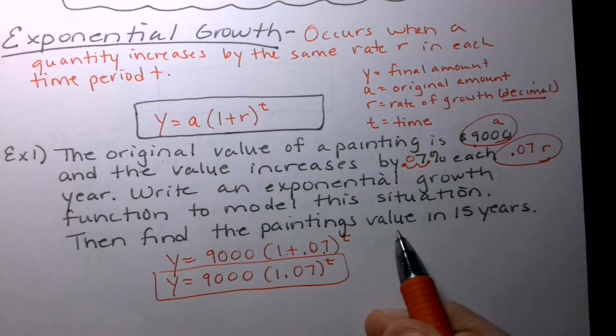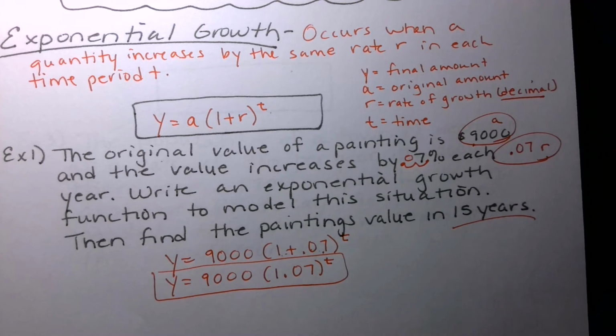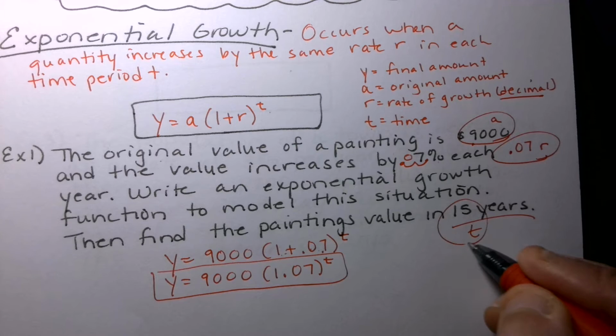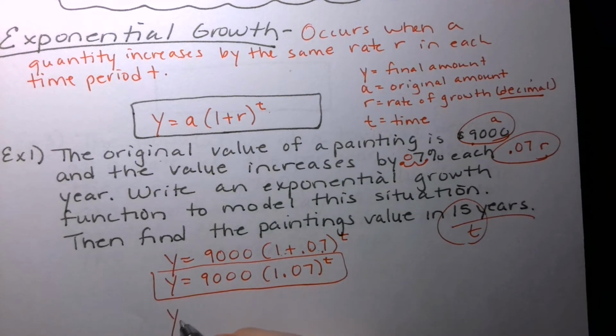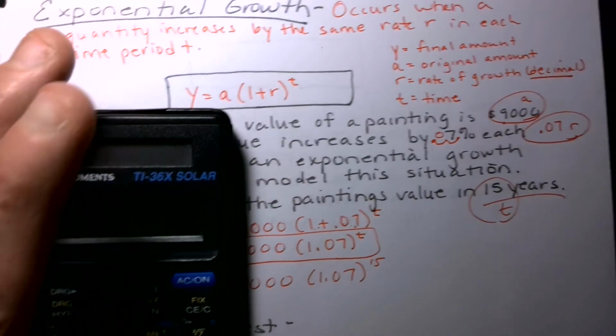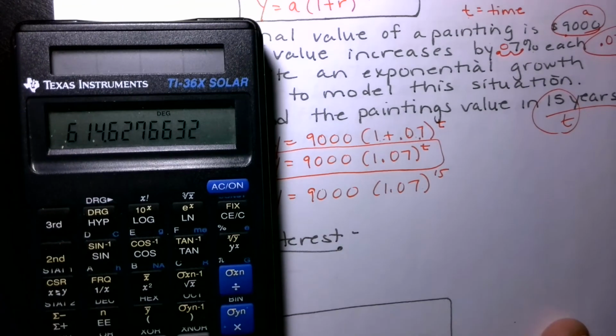So that's the first part of their question. Then they said find the painting's value after 15 years. That is your t. So again, we put that right in there. y equals 9,000 times 1.07 raised to the 15. We've been doing a few of these, but I still want to make sure you've got this down with the calculator.